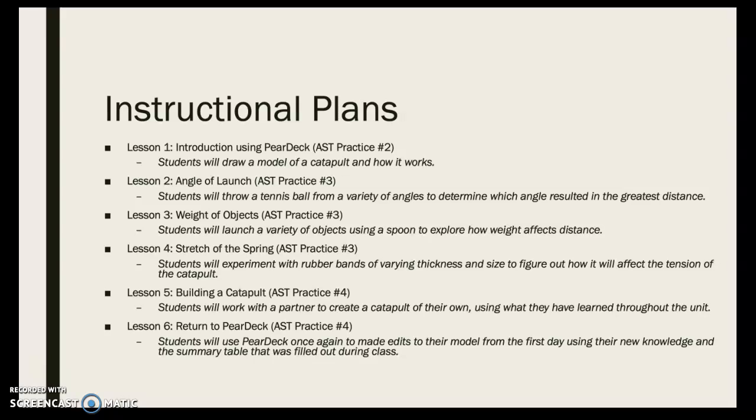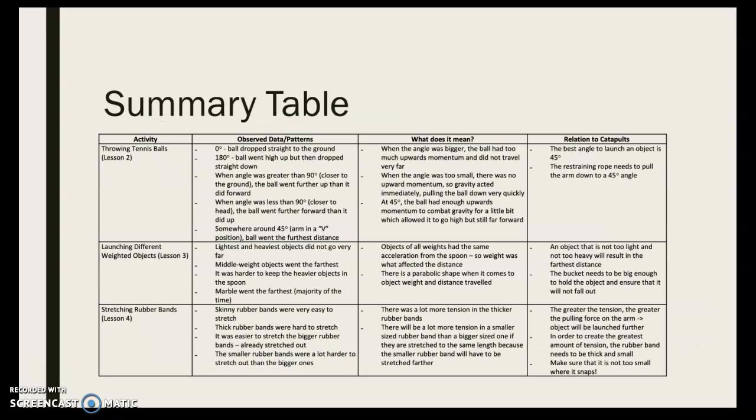Lesson 3 will be the weight of objects and how the weight affects how far it goes. Lesson 4 will be stretch of the spring, which will have students looking at rubber bands in different sizes and thicknesses to see how that affects the tension of the catapult. So those 3 lessons are all on my summary table, which I will briefly go through.